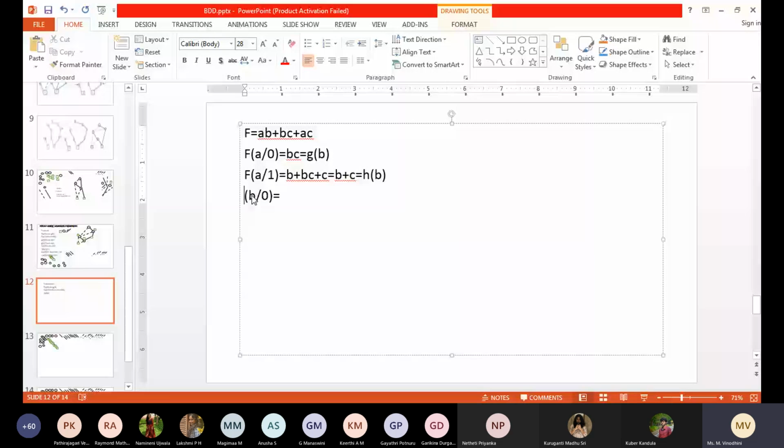When B is 0, the answer is 0. Similarly, G of B slash 1. When B is 1 in G of B, I will get only C.